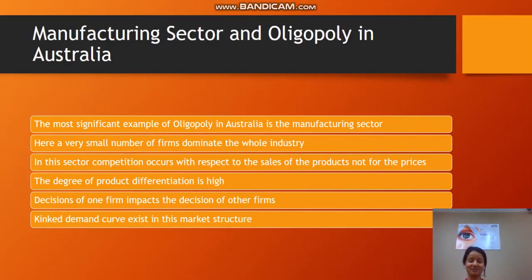Continue the presentation forward. Manufacturing sector and oligopoly in Australia. The manufacturing sector of Australia follows the oligopolistic market structure, and a very small number of firms dominate the whole market. The reason is that there is no free entry and exit for the firms in the industry.